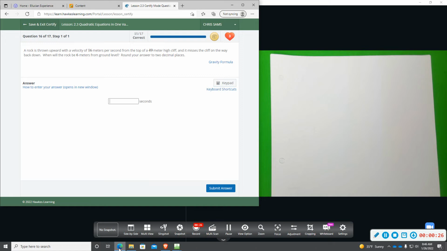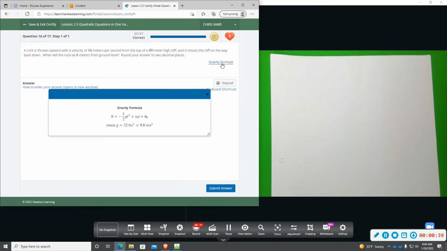In order to solve this, you need a formula, and right at the end it's giving you the gravity formula because the gravity is going to be pulling this down. So we're going to look up the gravity formula.